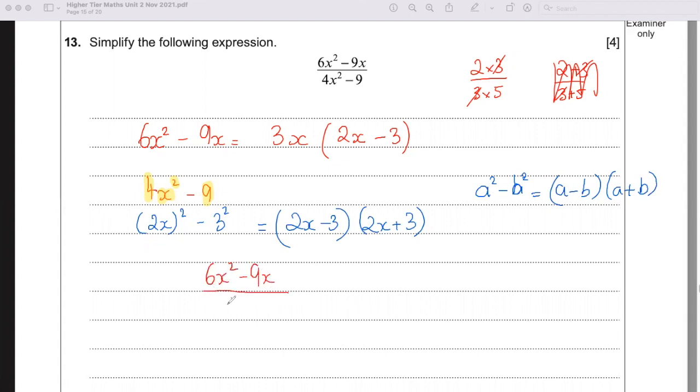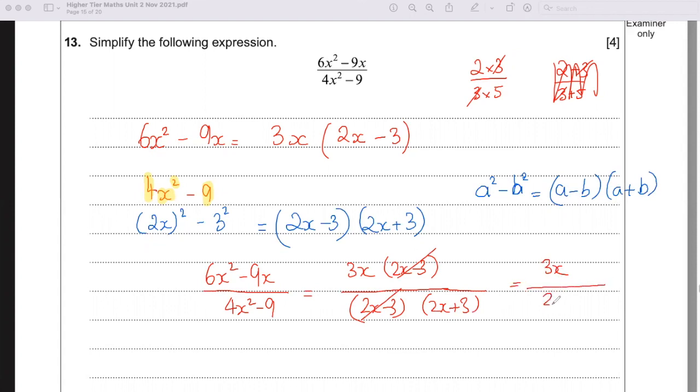So 3x times 2x minus 3 over 2x minus 3 times 2x plus 3. Just cancel out the top 2x minus 3, so I get 3x over 2x plus 3. And that should be your simplified fraction.